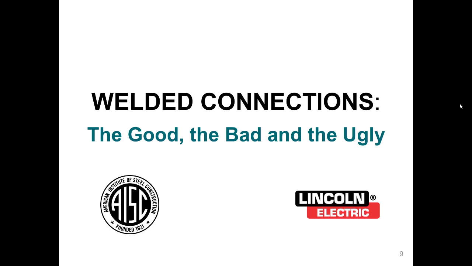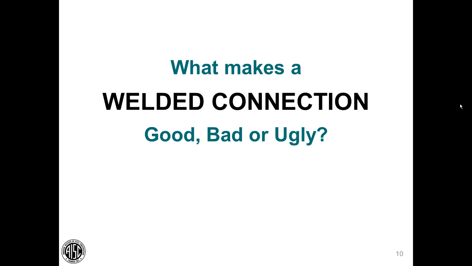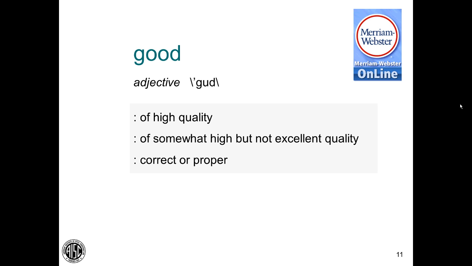Let's start by asking the question, what makes a welded connection good, bad, or ugly? To start, we'll go to Merriam-Webster's online dictionary and see the definition of the word good. And we see it's of high quality, of somewhat high but not excellent quality, correct or proper.